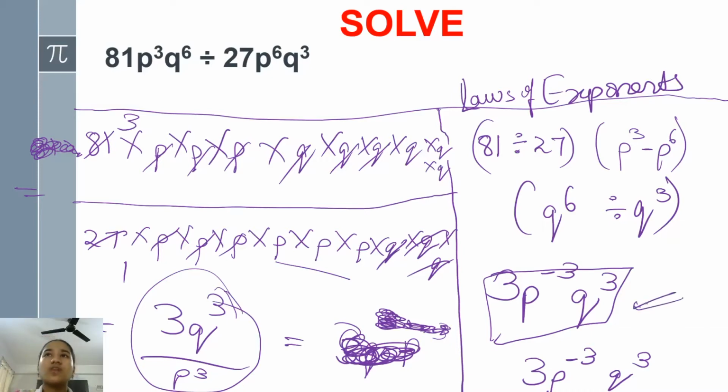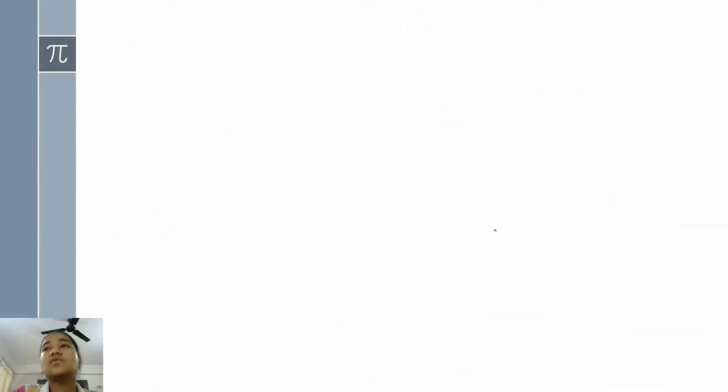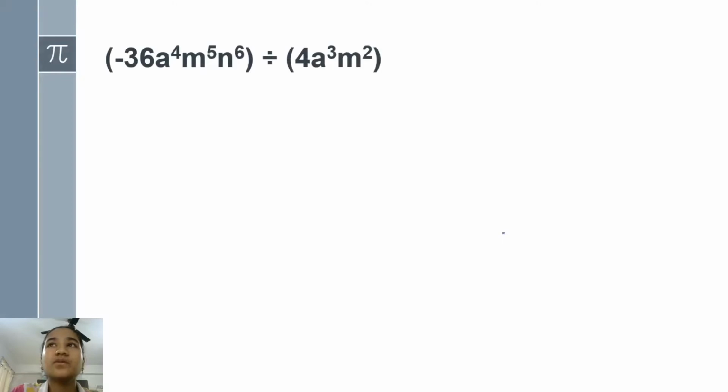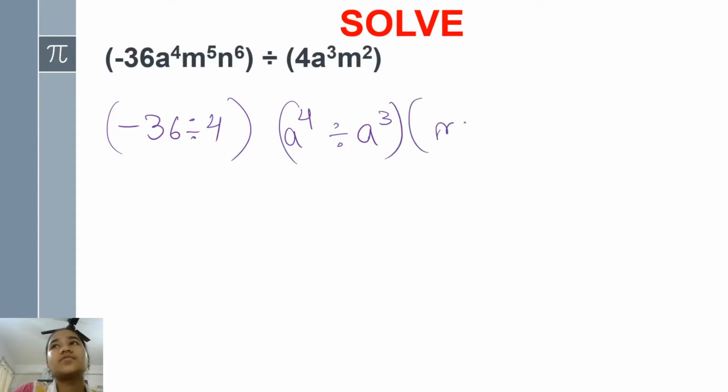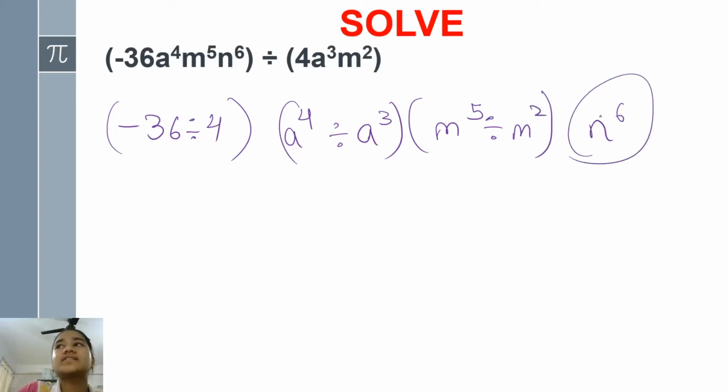Okay, now the sums which I'll be solving, I'll be going with the laws of exponents process only. So minus 36 divided by 4 for the coefficients, and then the same algebraic factors: a to the power 4 divided by a to the power 3, m to the power 5 divided by m square, and n to the power 6 will remain as it is because we cannot divide it by anything.